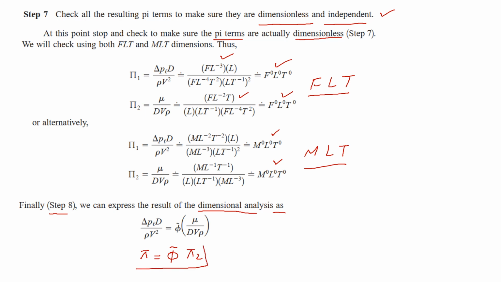This is what we initially saw, and now we can actually relate to this equation and these terms, that is how we arrange these terms in a dimensionless form by following this 8-step procedure. So this is how we came up with this equation, that pi 1 is equal to sigma pi 2, and initially we had 5 variables and now we have only 2 variables. So this is what dimensional analysis was all about.